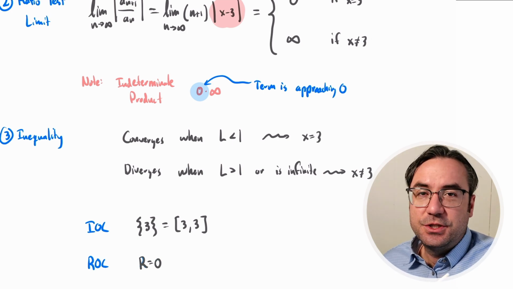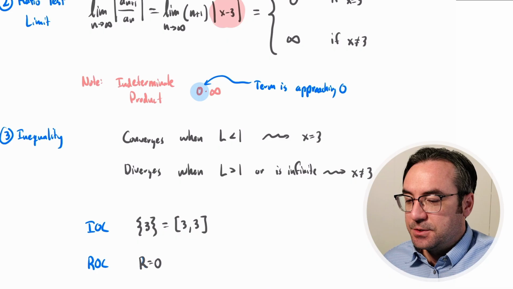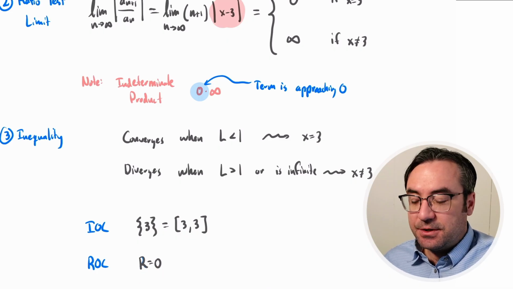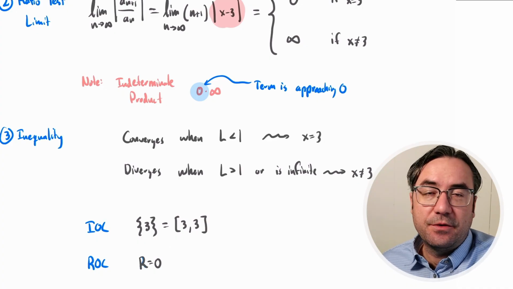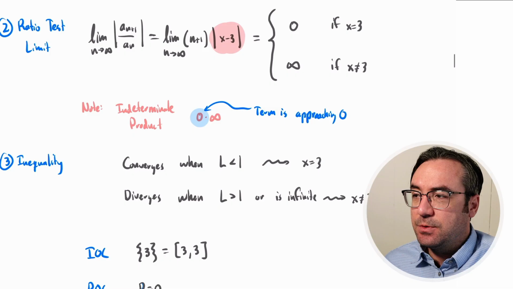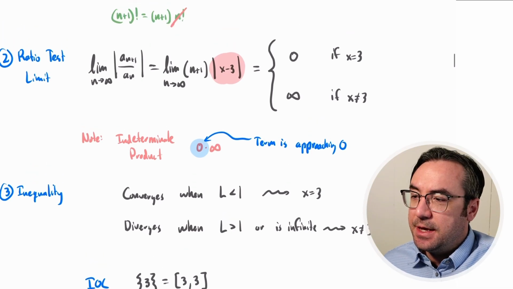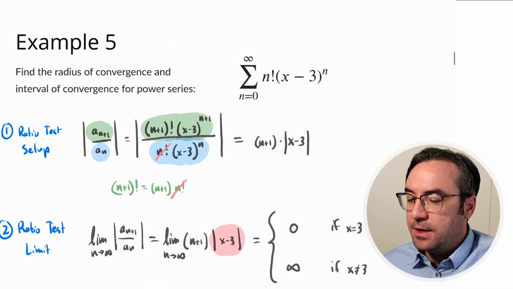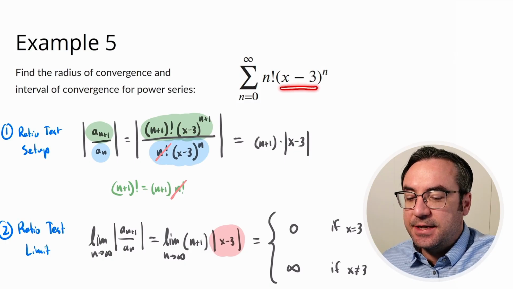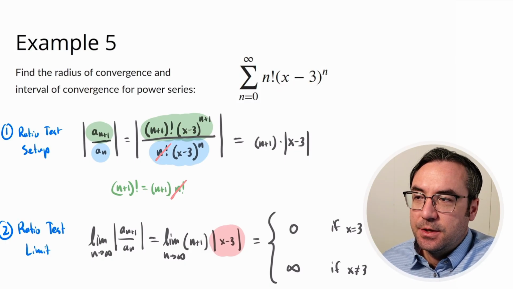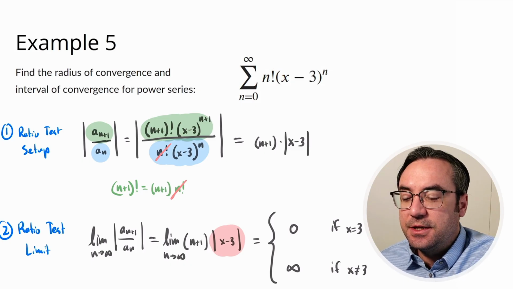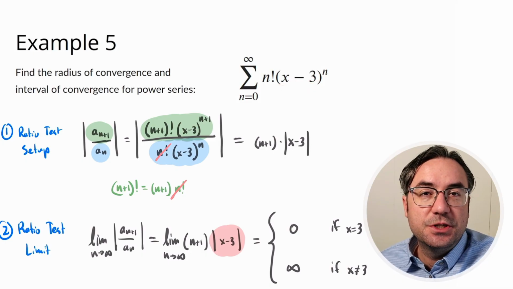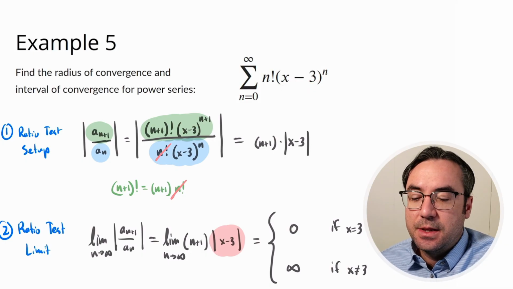When the radius of convergence is 0, that means we're only converging at the center point of our series. And that's what we're seeing here. If we go back to our power series, x equals 3 is the center. For a power series, no matter what the coefficient does, you're always going to get convergence at that center point.